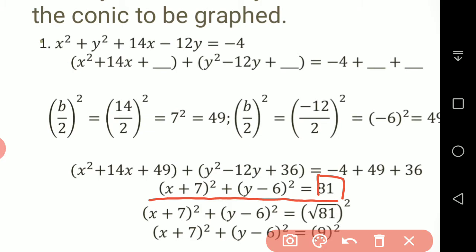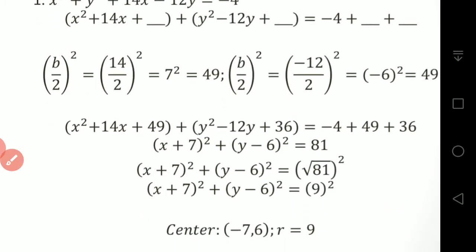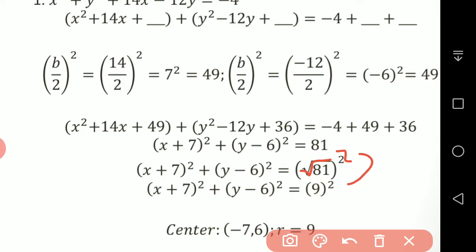What we need to do with the radius is square it, but square it while extracting its square root. So you can actually cancel this out, but you need to have a square over here. So you get the square root of 81, you have 9.